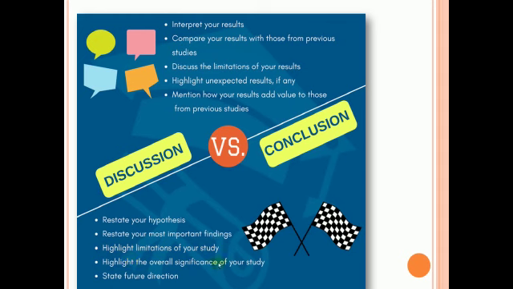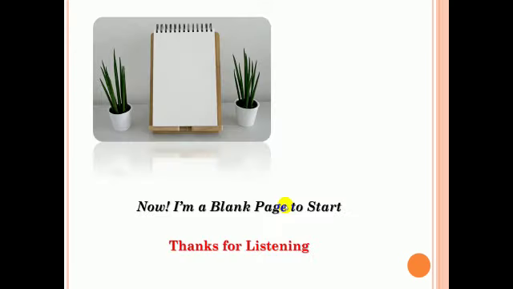Highlight the overall significance of your study, and then state future directions. So this is the last section you have, and after those parts and the structure, now that you know the structure of your research paper, you are at a blank page to start.